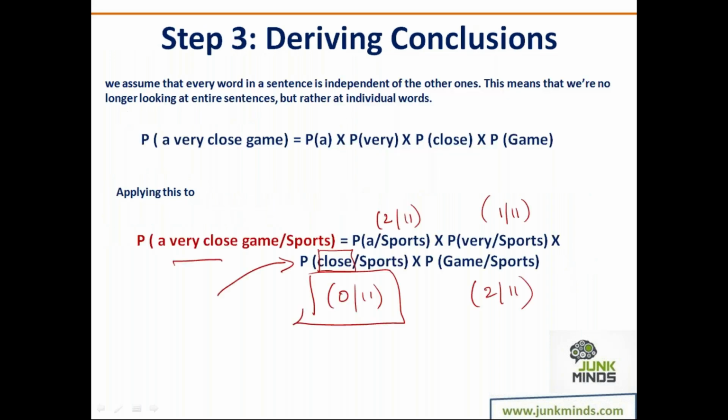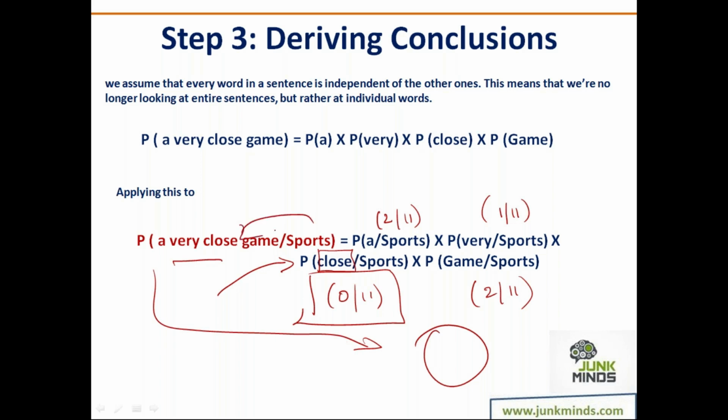Now, my problem here is, guys, understand this. If this is 0 divided by 11, this value becomes 0, irrespective of what happens with all the other values. This product will become 0. So even if one of the probabilities becomes 0, everything becomes 0. I'll say that the probability of this is 0, that this statement is not related to sports.